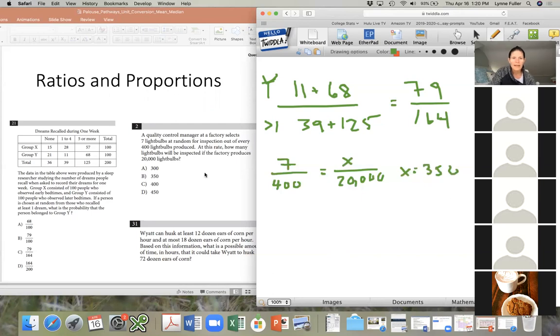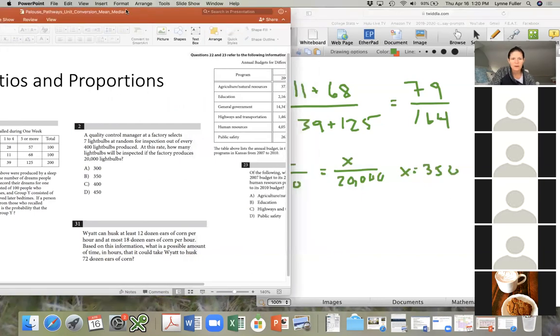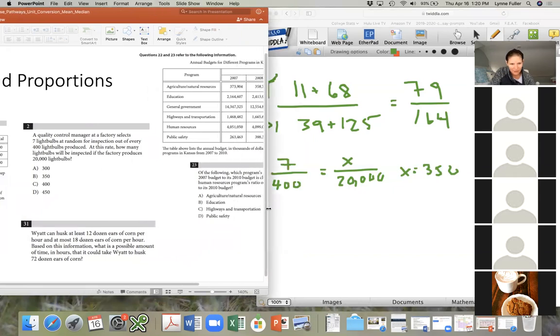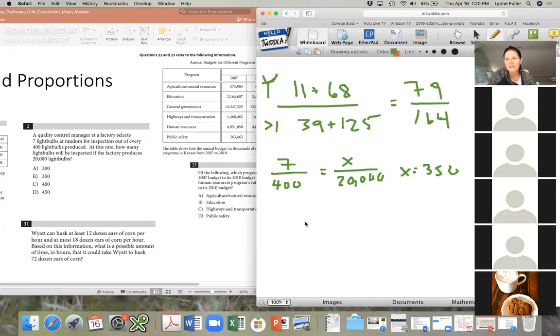Okay, Wyatt can husk at least 12 dozen ears of corn per hour and at most 18 dozen ears of corn per hour. Based on this information, what is a possible amount of time in hours that it could take Wyatt to husk 72 dozen ears of corn? So this one's just more of a data analysis, but using a little bit of unit ideas, right?